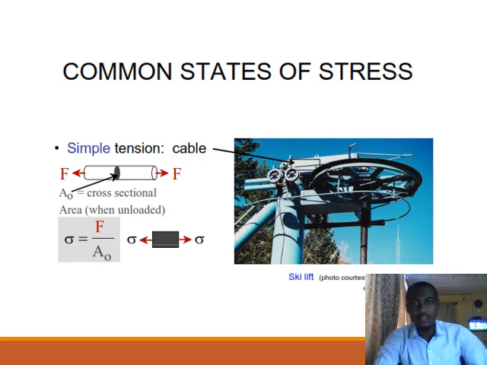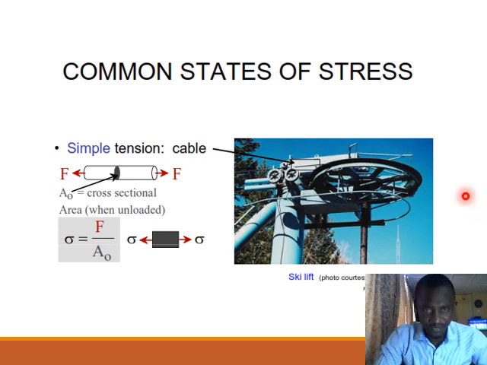So, some simple common states of stress. This is an example of a sky lift. If you look at the cable in a sky lift, this cable here is what is brought out for you. You can see that during the course of operation of the sky lift, there is a force application on the cable.